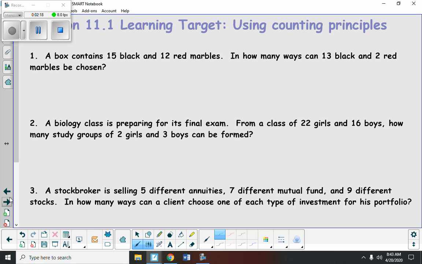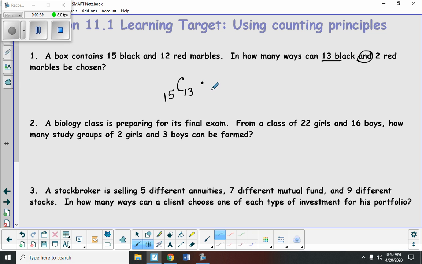So let's do some problems. It says a box contains 15 black and 12 red marbles. In how many ways can 13 black and 2 red marbles be chosen? So we're going to choose 13 black out of 15. All right, so out of 15, you're going to choose 13 of them. And it tells you to multiply.